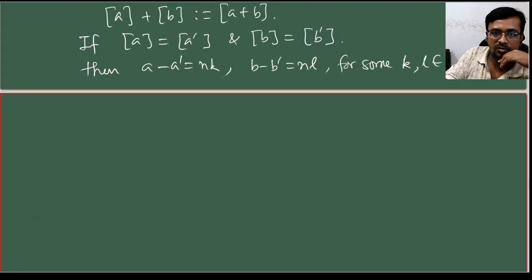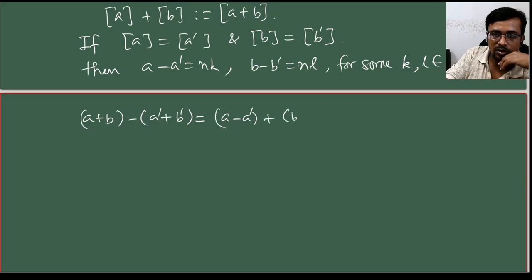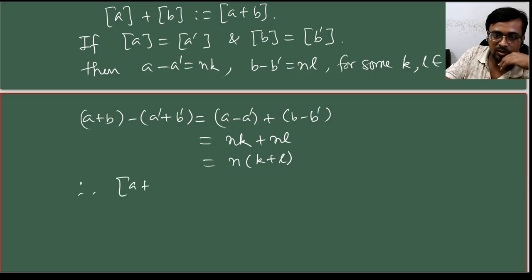And from this you get a plus b minus (a prime plus b prime) is equal to a minus a prime plus b minus b prime equal to nk plus nl, which is n times (k plus l). So the class of a plus b equals class of a prime plus b prime.